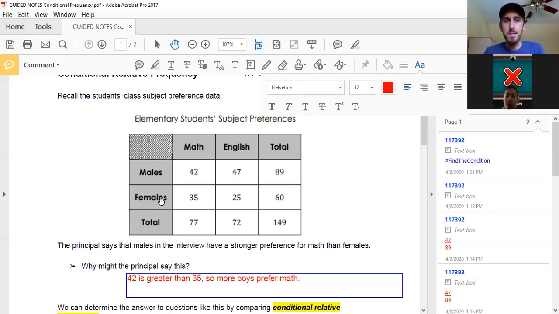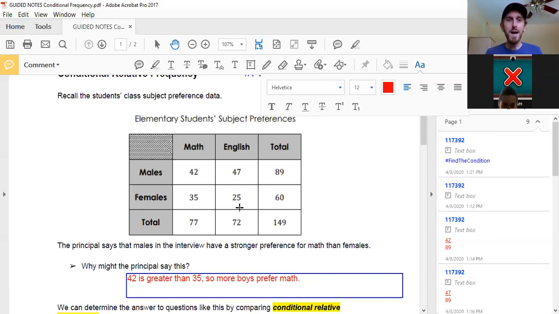And if we're looking at just the girls, what do you notice about just the girls here, Juan? More girls like math than English. Okay, so now I'm really confused, because it is true that boys tend to prefer English over math, and it is also true that girls prefer math over English.